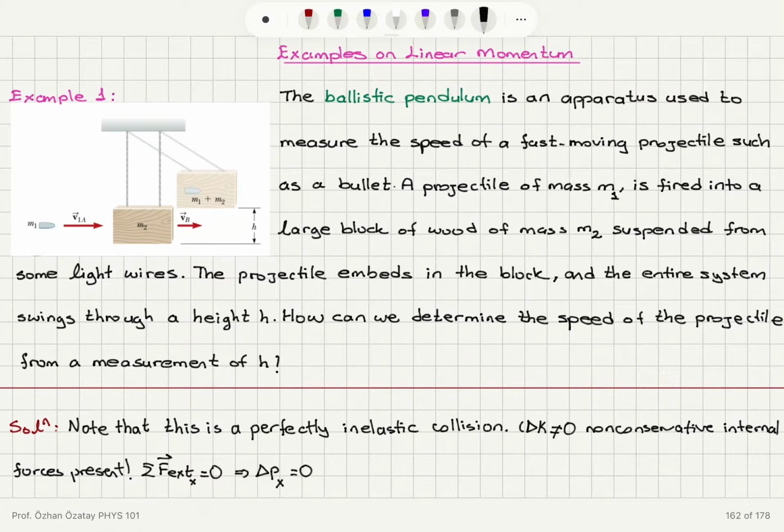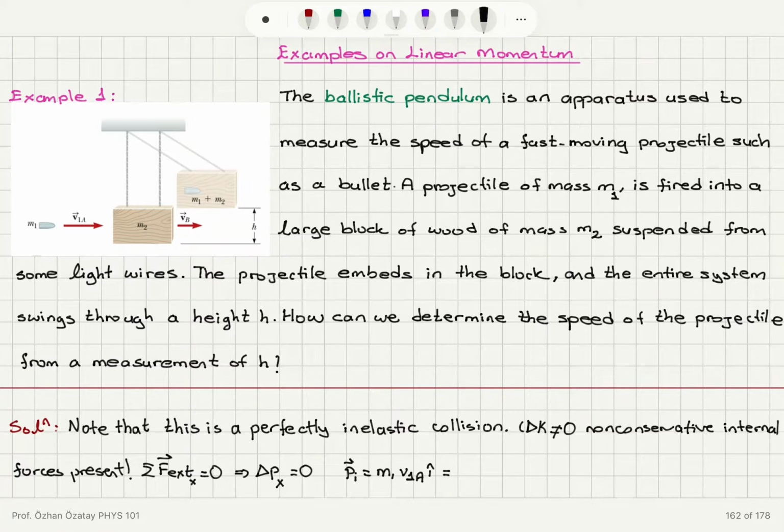Delta px should be 0, so that we have the initial momentum p initial, which is m1 v1a i hat.